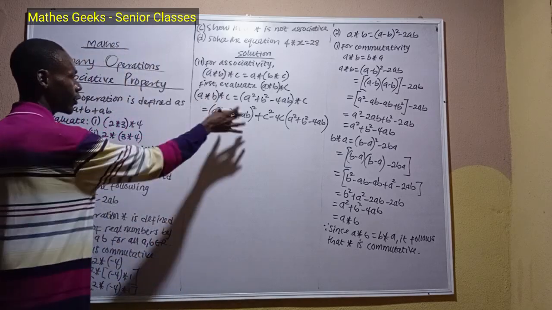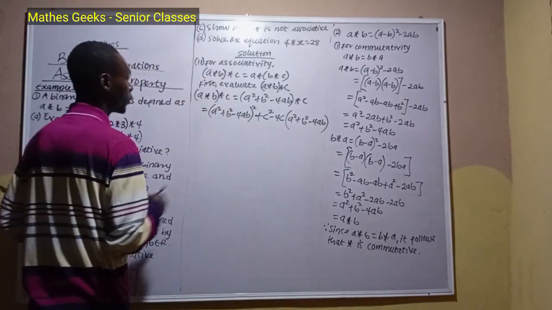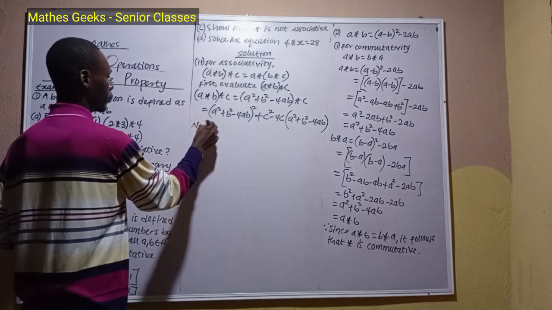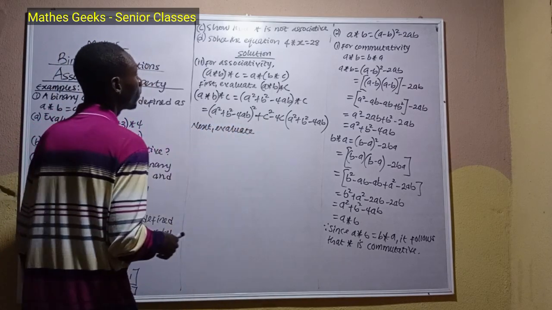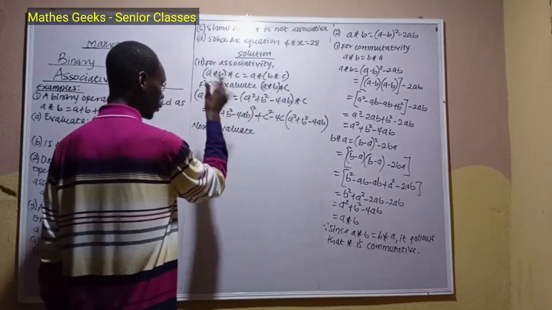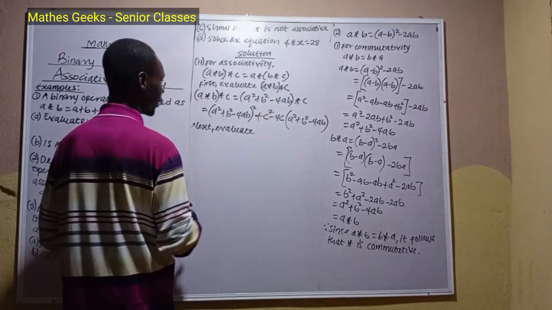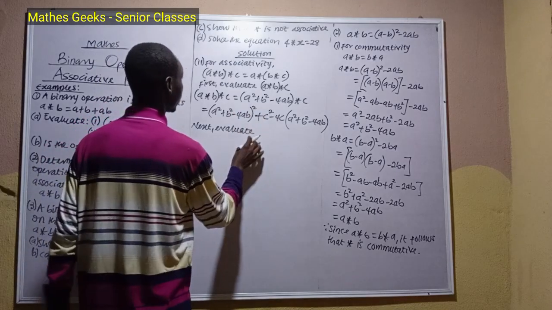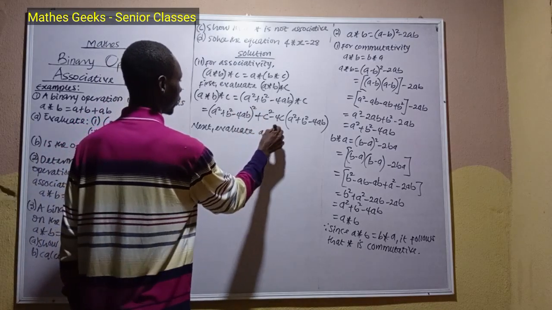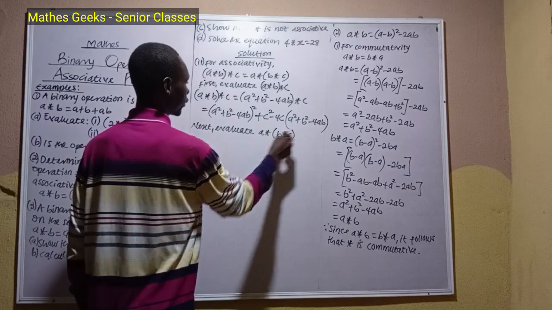I want to stop here. If you want to simplify it until it gets to the simplest form, you can do that, but I want to stop here. Next, evaluate A star (B star C).